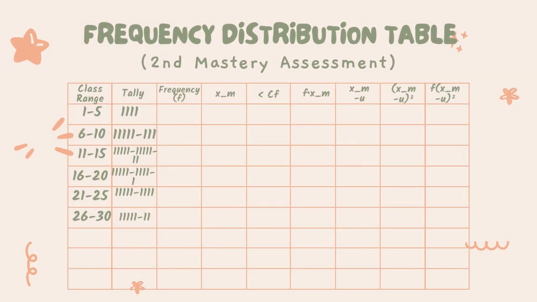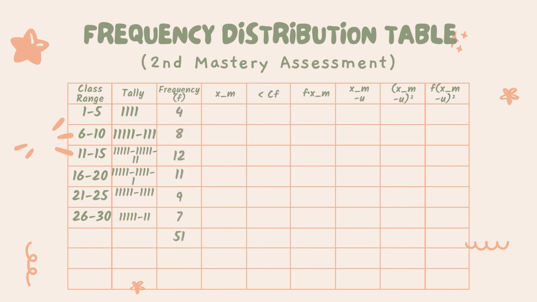So here in the frequency distribution table of the second mastery assessment, in the first column we have 1 to 5, 6 to 10, 11 to 15, 16 to 20, 21 to 25, and 26 to 30, which is the class range. In the second column, we have 4, 8, 12, 11, 9, and 7, which is the tally.